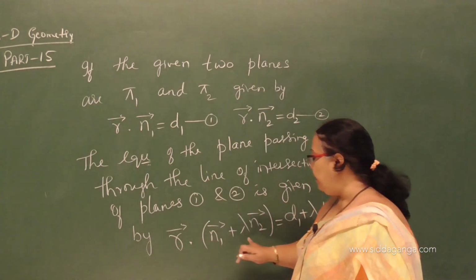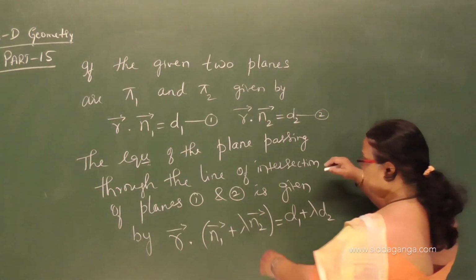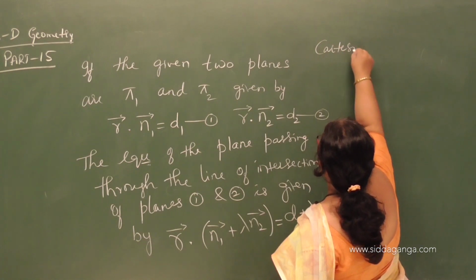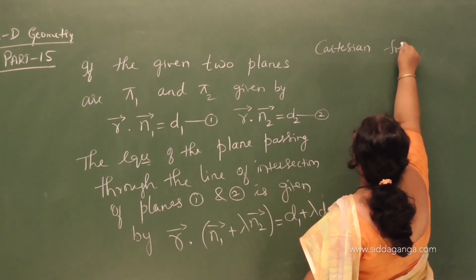If we multiply the components, this is the vector form. Now we have to write it in the Cartesian form.